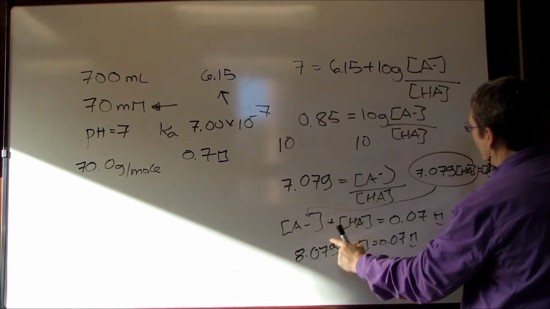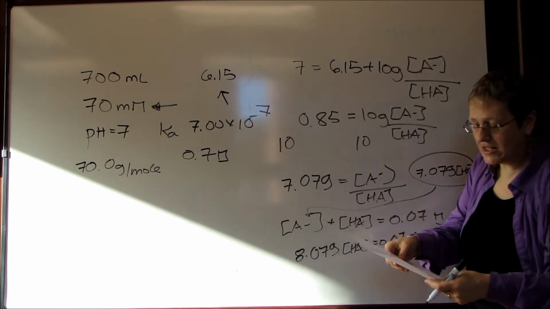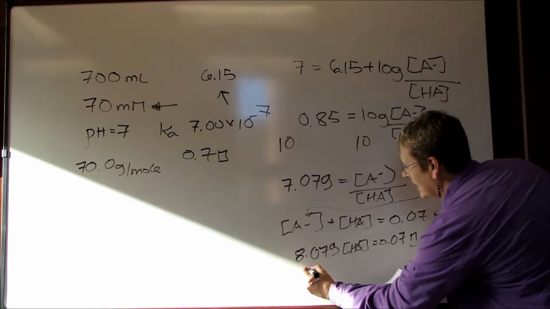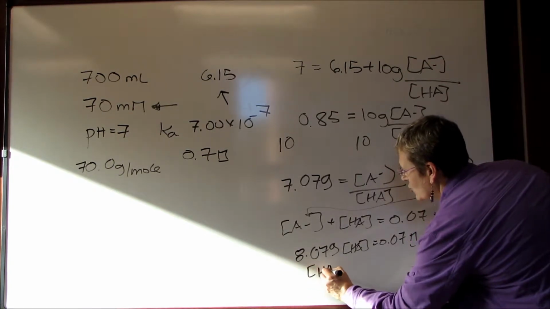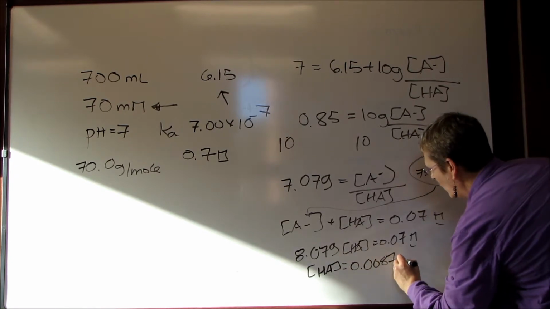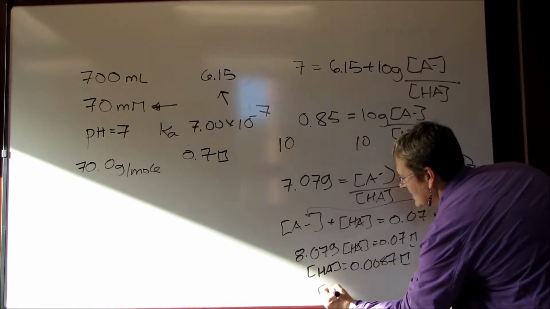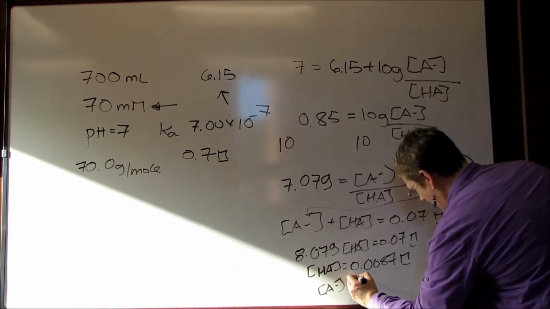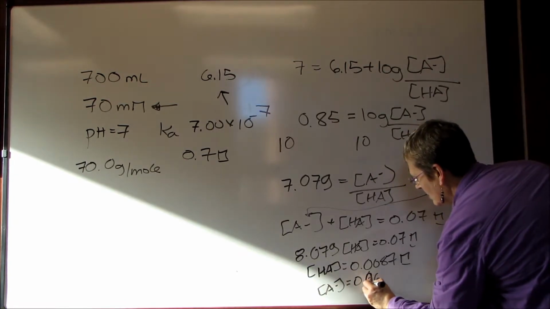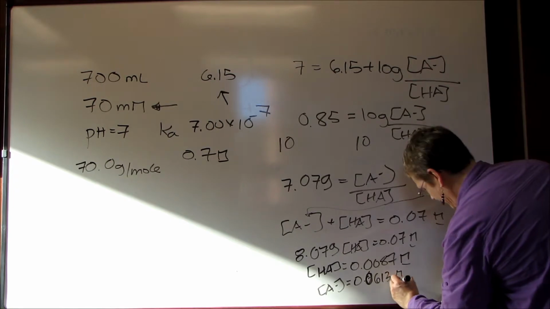That's this HA plus 7.079 times HA. When I solve it out, I get an HA concentration of 0.0087 molar and an A minus concentration by difference of 0.0613 molar.